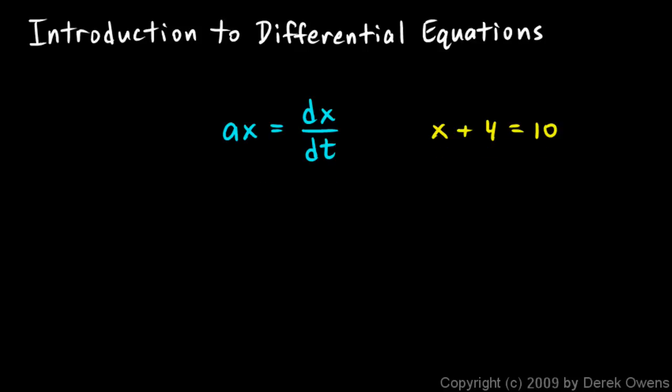This is different. We're not finding a value, we're finding a function. x is a function of t. So solving the differential equation means to find the function which will satisfy that differential equation. And since derivatives show up in differential equations by definition, finding the solution to a differential equation often involves integration.